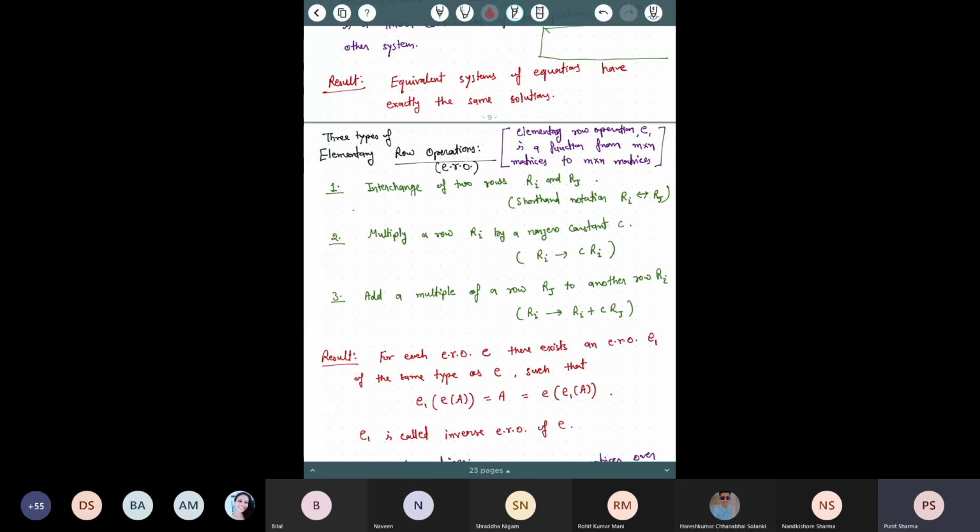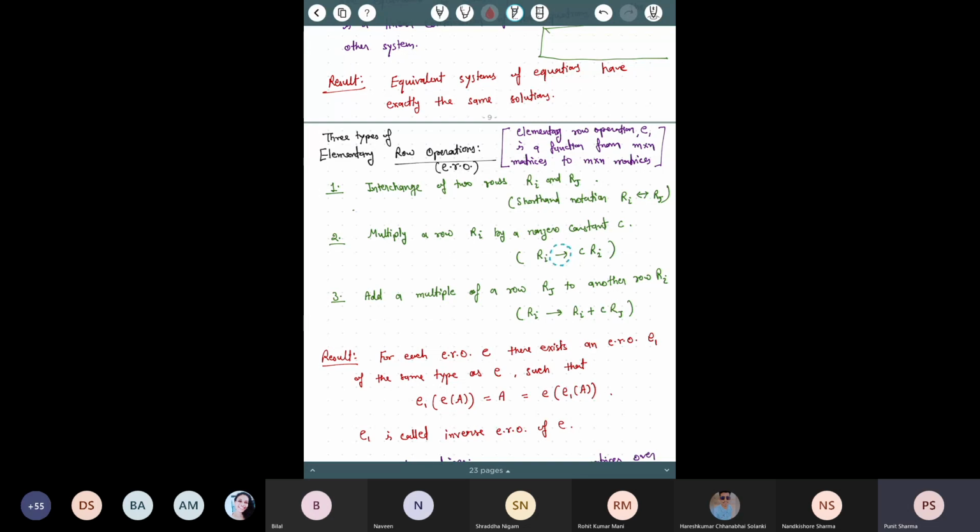Okay, anyway, so then we have the second operation, which is to multiply a row Ri by a non-zero constant. So I can write it as this one. So the ith row is multiplied by a constant. You can see that this is sort of a function.